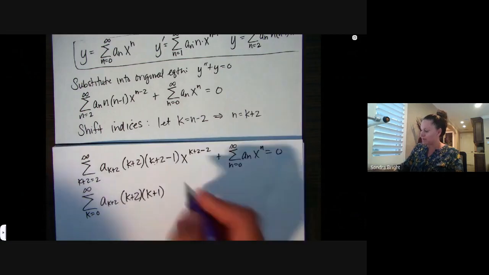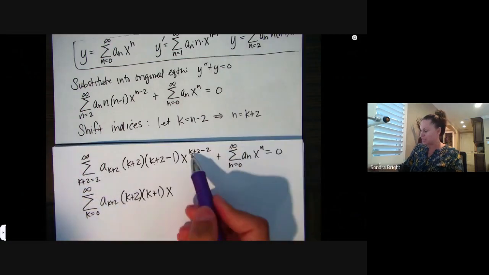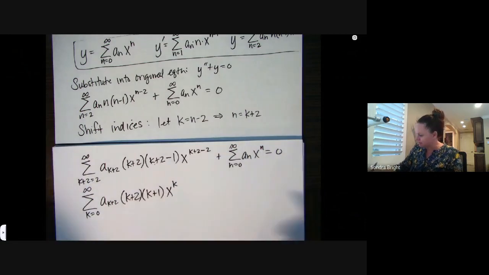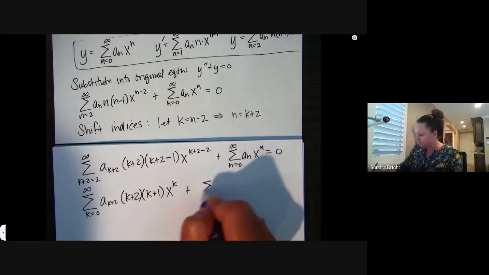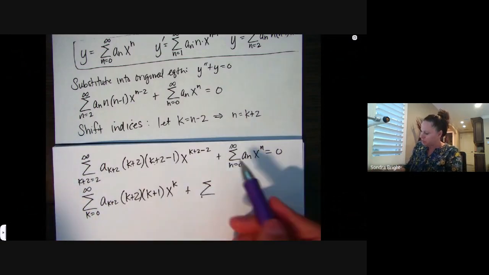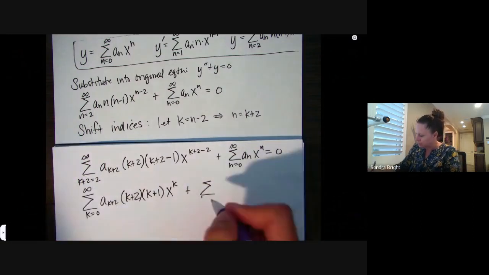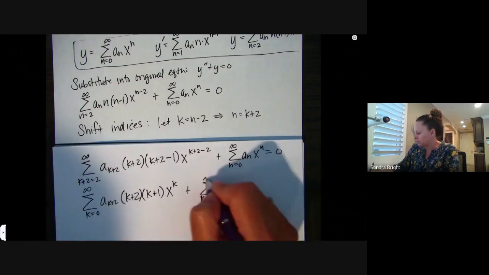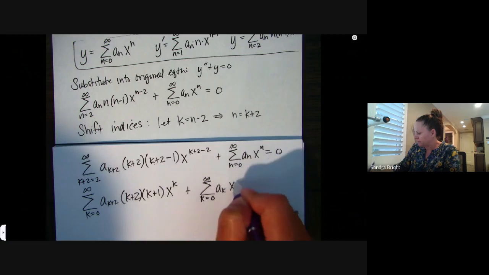X to the k plus 2 minus 2 is just x to the k. And then plus this guy. I'm using k's here, so I'm going to switch these to k's. No big deal, just switching the letters.